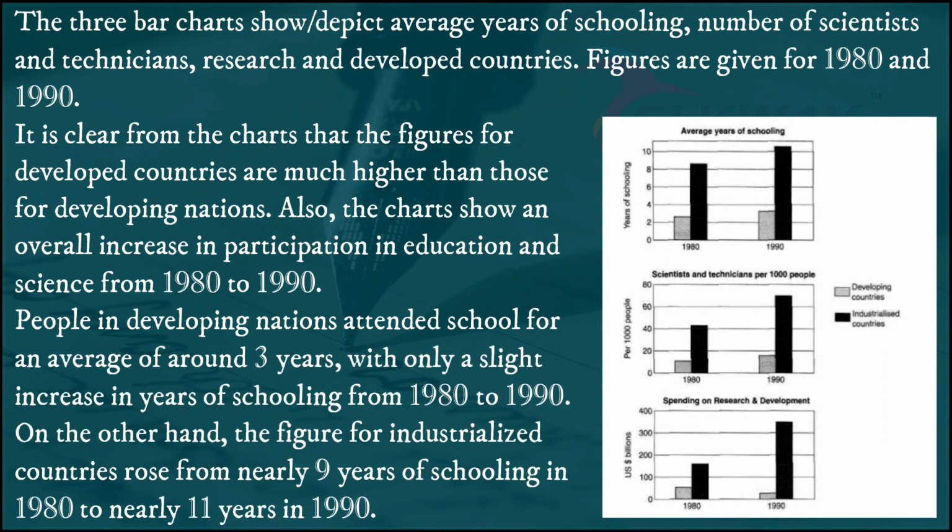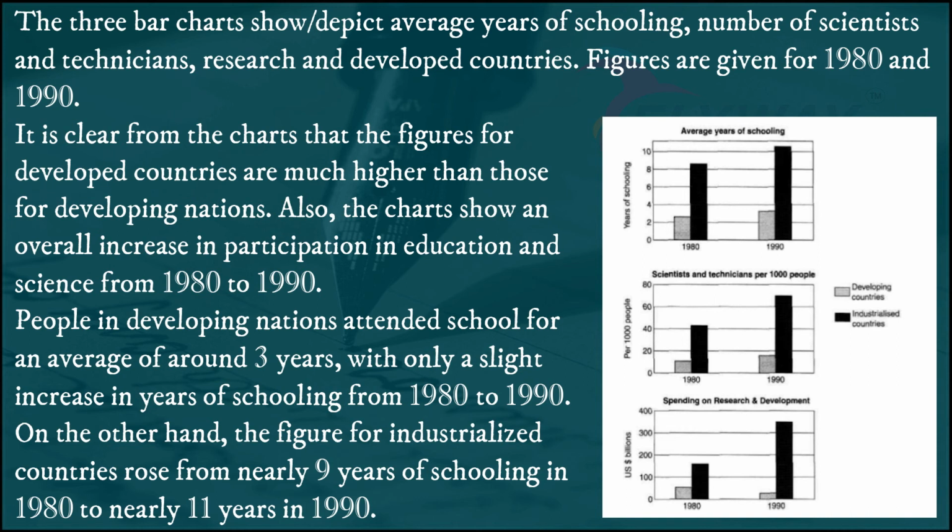The 3 bar charts show average years of schooling, number of scientists and technicians, and research and development spending in developing and industrialized countries. Figures are given for 1980 and 1990. It is clear from the above charts that the figures for developed countries are much higher than those for developing nations.